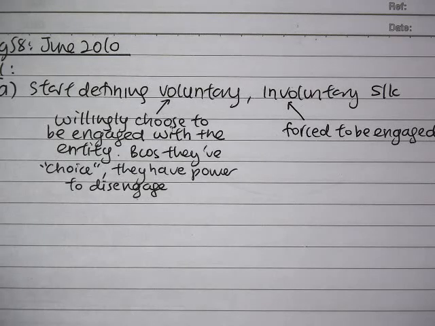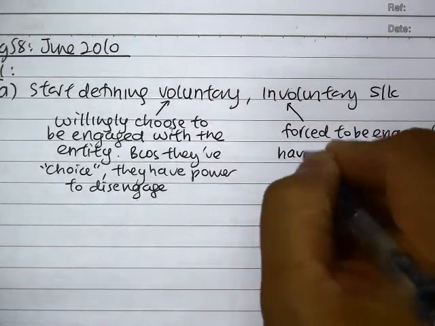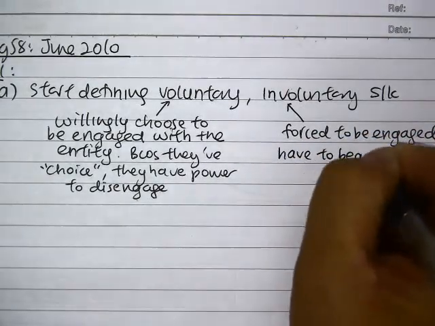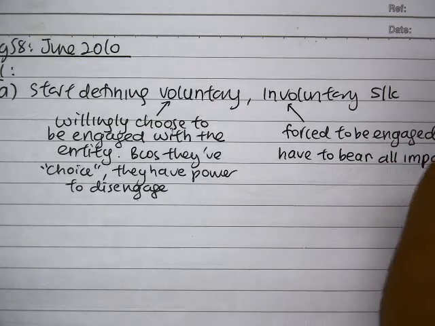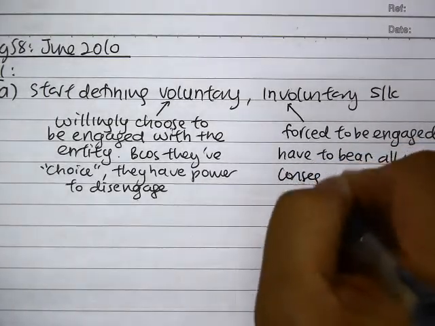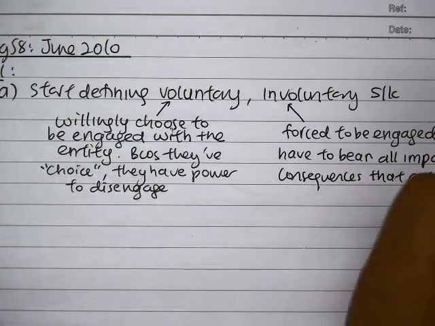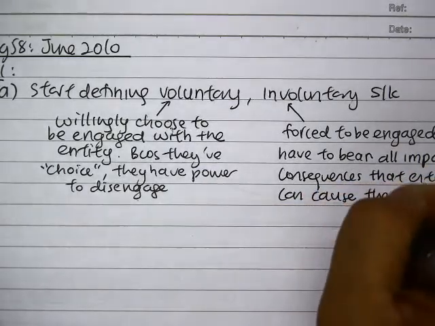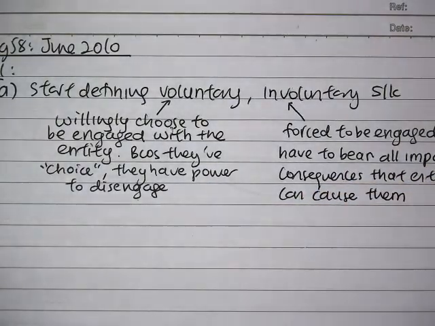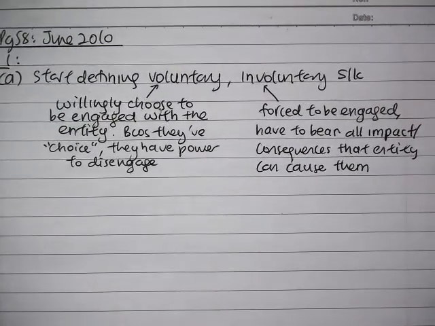Okay, now, so you must highlight, because they have choice, that means they have power to disengage themselves. You have a choice, you have a power to disengage. You want to continue or don't want to continue is all in your hand, right?